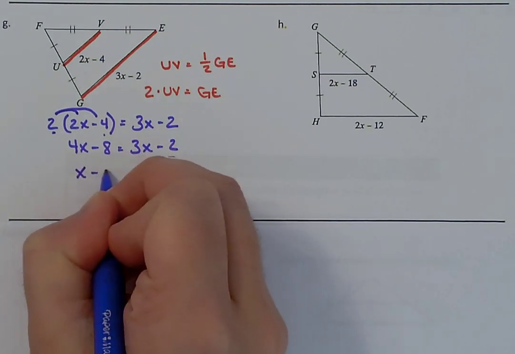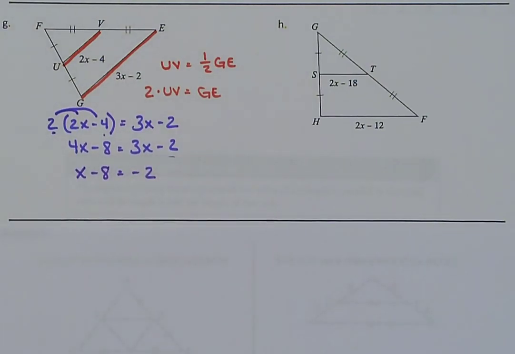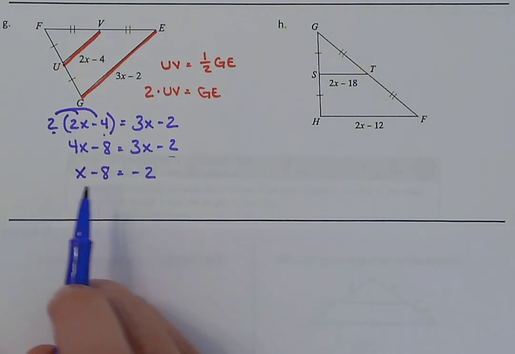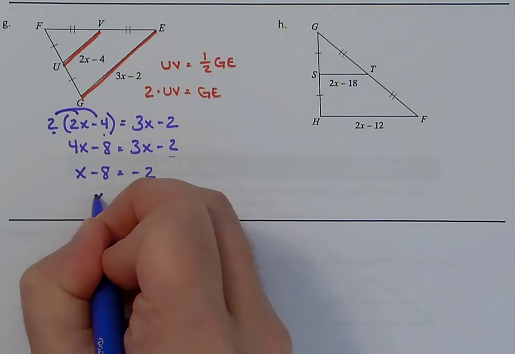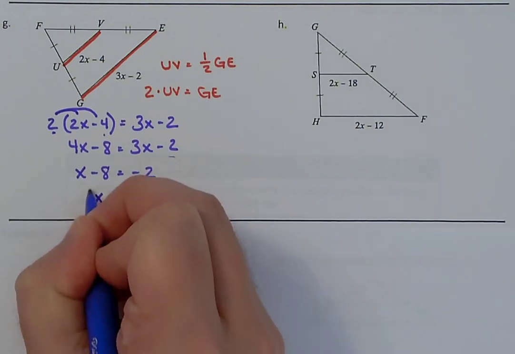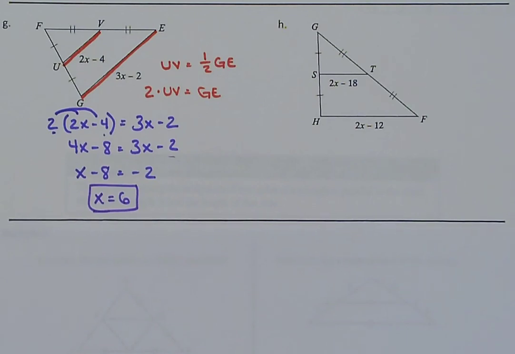So this becomes x minus 8 equals negative 2. Then all I have to do is add 8. So negative 2 plus 8, I end up getting x equals 6. And that is my answer for what x equals for part G.